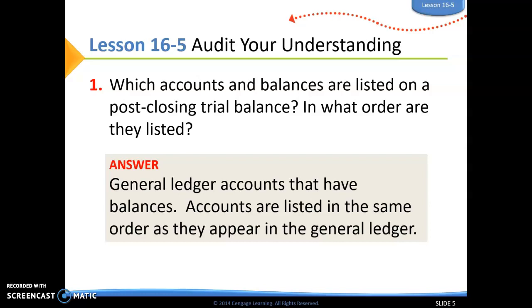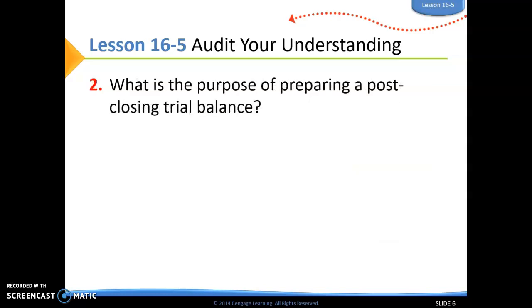Those are going to be all of our permanent accounts, and we are going to list them in the same order that they appear in our general ledger. So we are literally going to go from our general ledger and copy them down onto our post-closing trial balance.